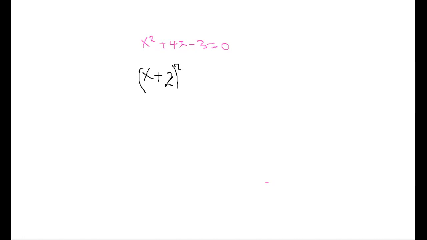But you added this 2, so you must subtract 2 squared. Then negative 3 is equal to 0. That is the first step.